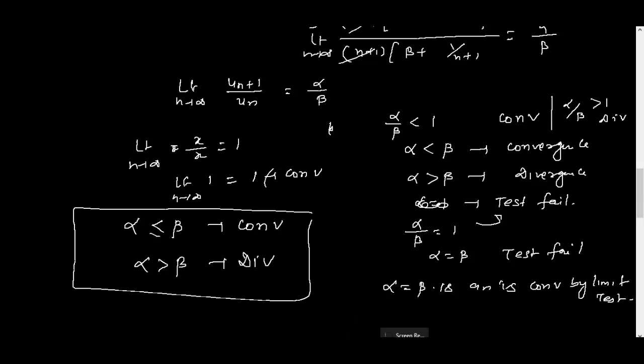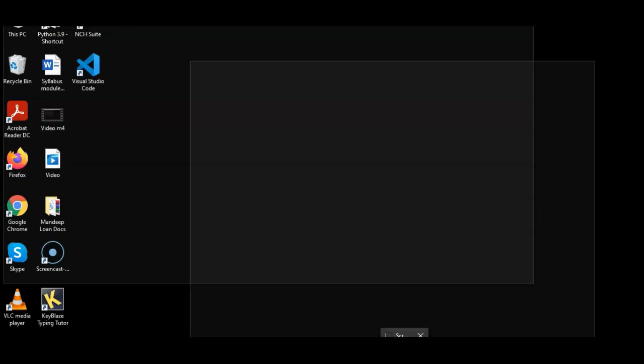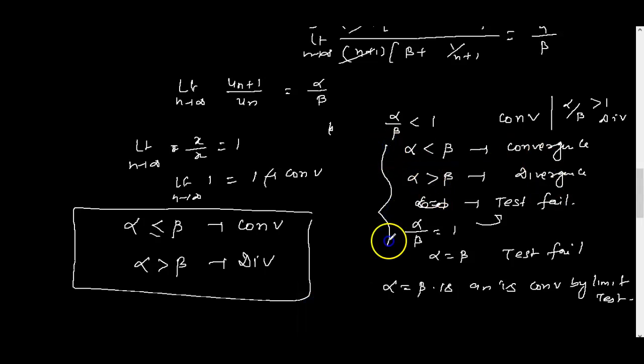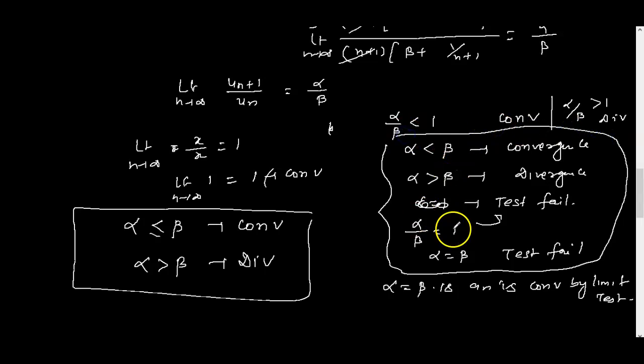You don't know the D'Alembert test? Yeah, I know that. We wrote convergent by limit test. No, if alpha is equal to beta, then the test fails, then the comparison limit test is used. Till here you can write by using the D'Alembert test, but after that the limit test has come in. Got it.